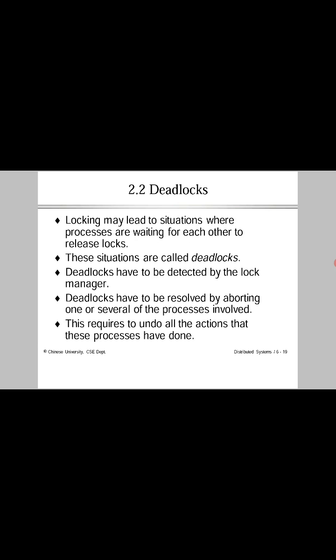So how to remove deadlocks means we simply resolve it by aborting, and aborting means cancelling, one or more of the processes involved. This requires undoing all the actions that these processes have done.